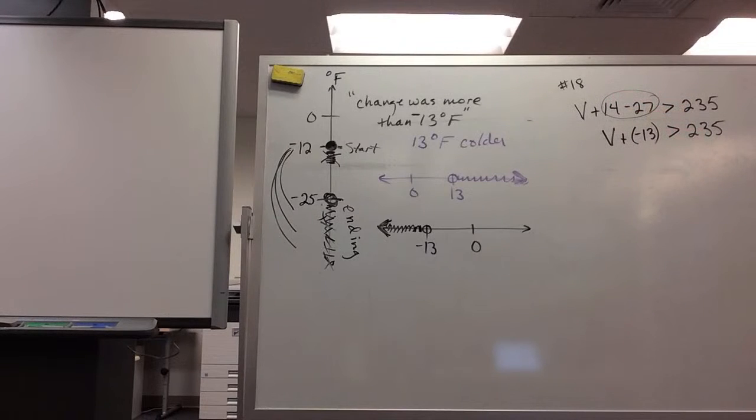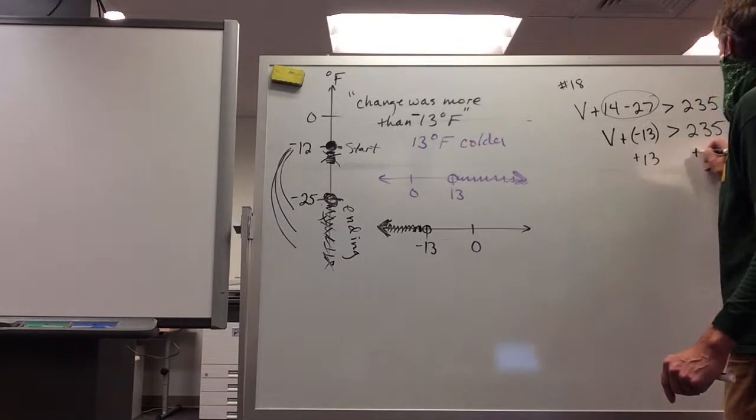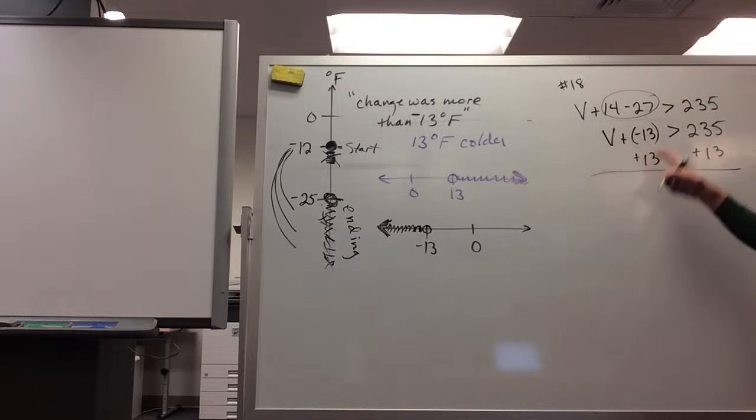And then he said to add 13. So -13 plus 13? 0? So name one number which is a solution. 250. 250.